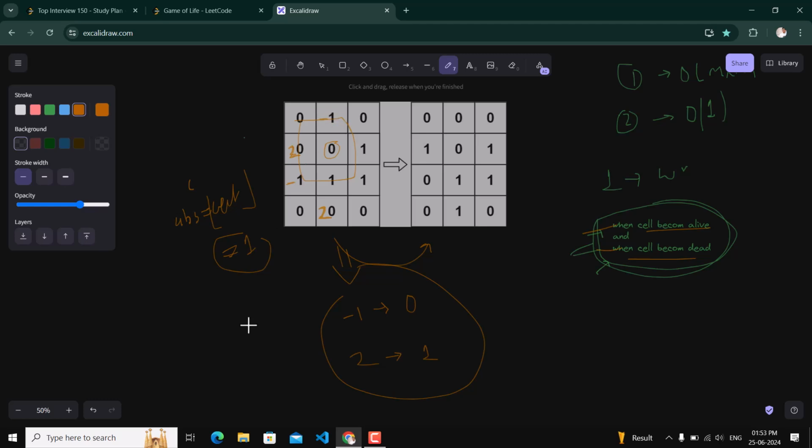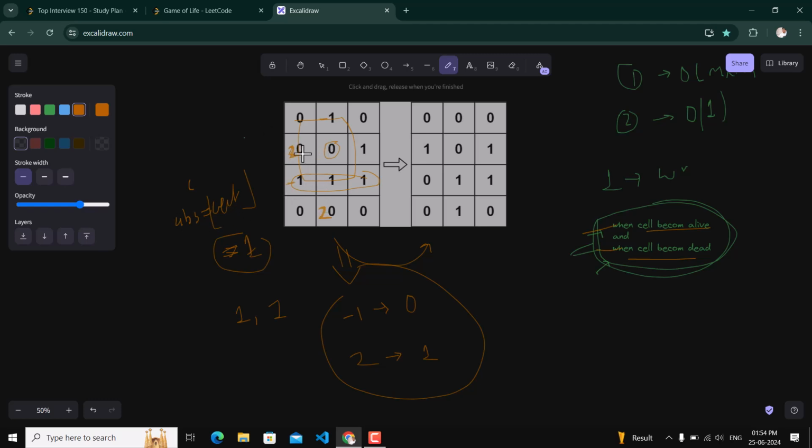So -1 will be considered as 1 and taken care of, but this 2 will not be counted because we have put the condition of equality, so it will be treated as 0 only.